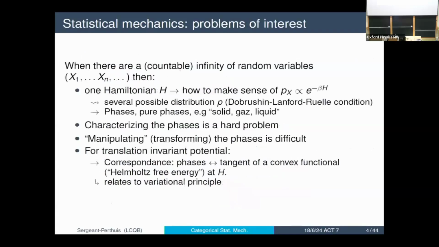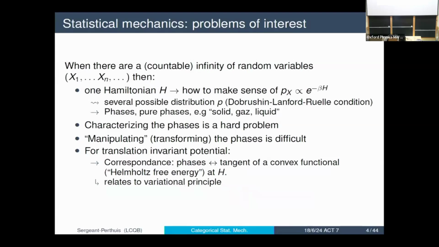Anyway, what is the problem of interest in statistical mechanics? Basically, you want to describe macroscopic states of a system from a microscopic description. What you realize is that matter can be in different states for a given temperature.